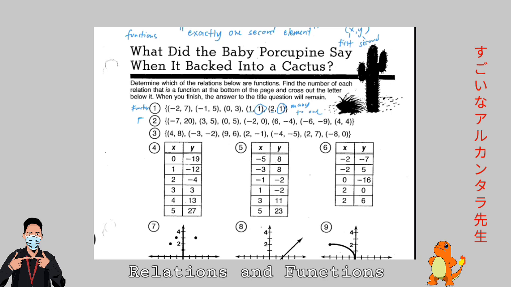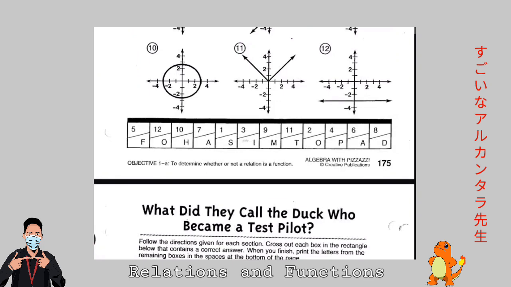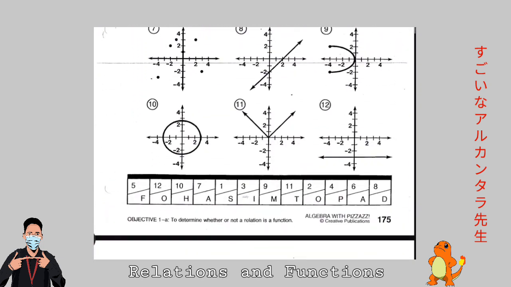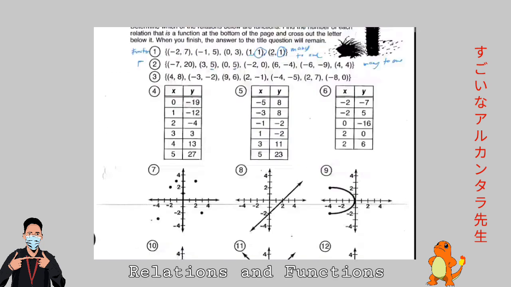Yes, there is a repetition with the 5 and the 5 here, but again, this is just a many to 1 situation. So let's check out our part below. What we can cross out so far are 1 and 2. So we will cross out 1 and 2. Okay, let's continue.